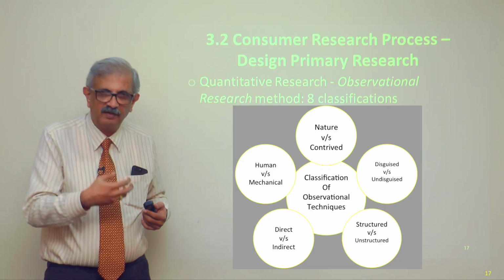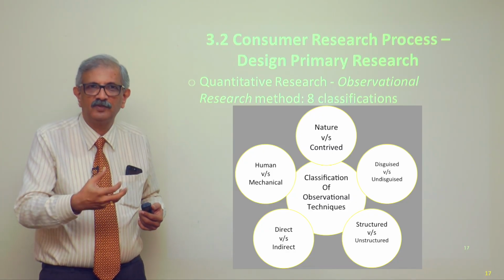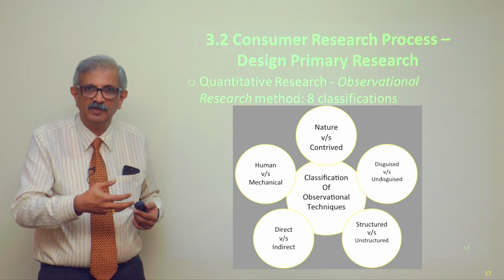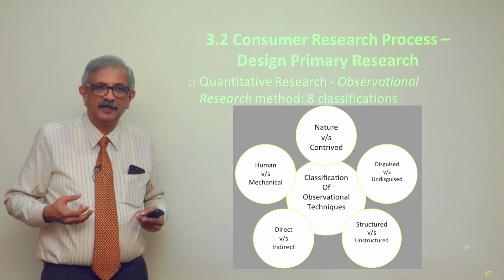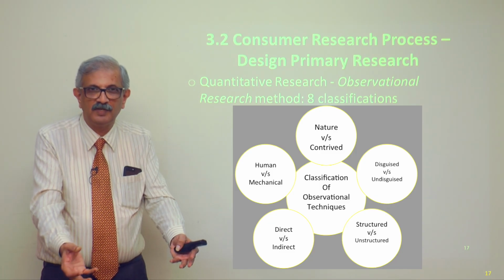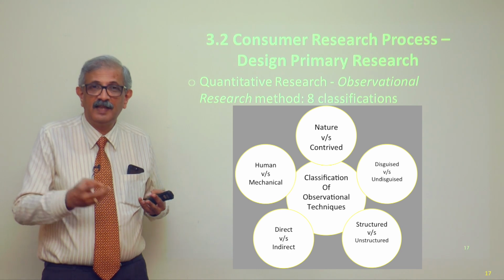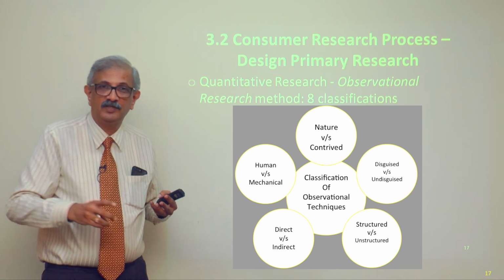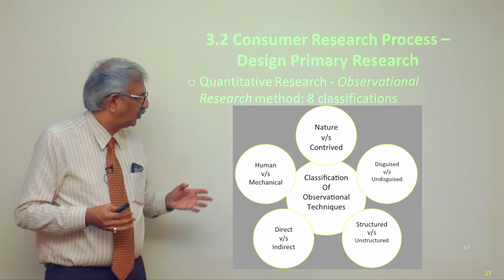So the selection of the product, how it is happening. The consumer comes and asks for the brand and that is given to the consumer, or the consumer may ask for a brand but the salesman offers, madam, this is also there along with it, which one will you choose, this is good, this is better, etc. And then whether in that case also the consumer says no, I want only that one. So that way you try a direct versus indirect approach, etc.